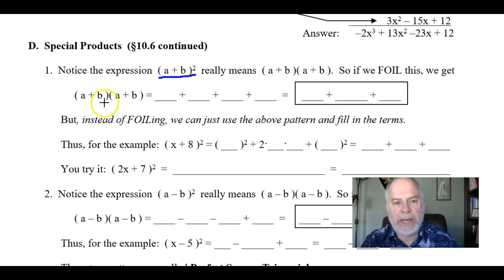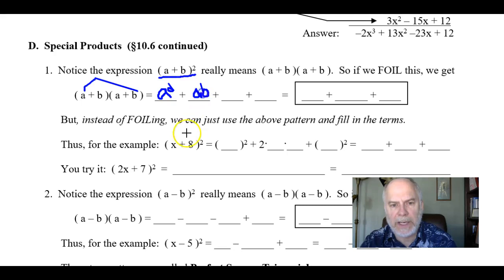So if you have a plus b times a plus b, you're going to FOIL. So first terms multiply together. A times a would give you a squared. And then outside terms, so a times b.